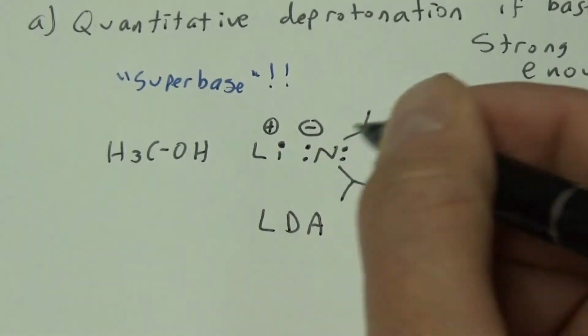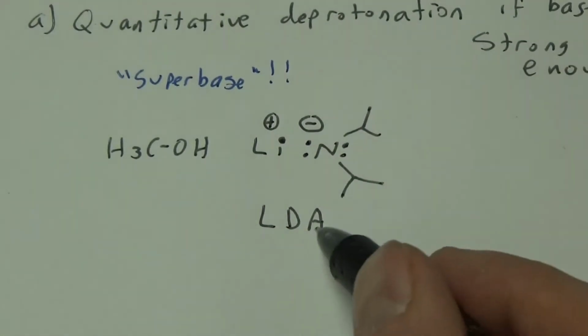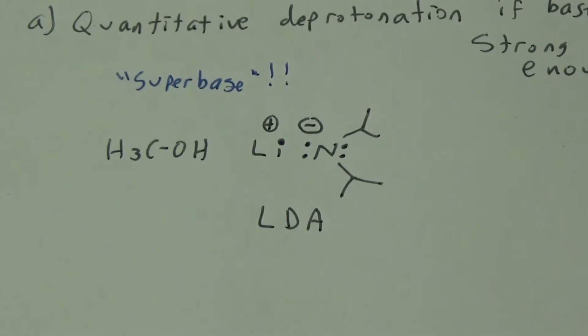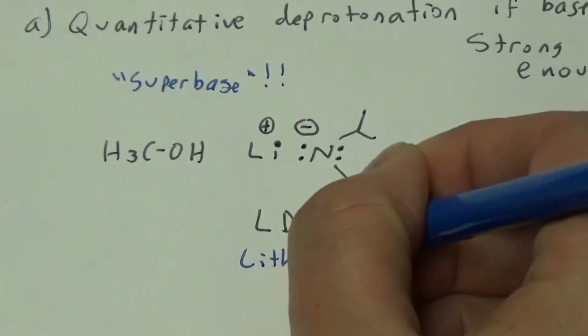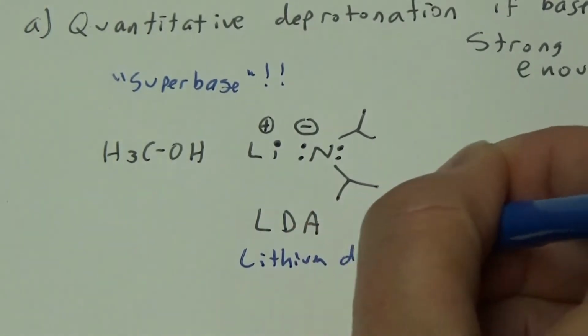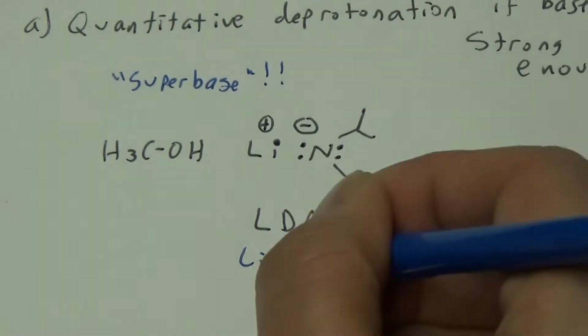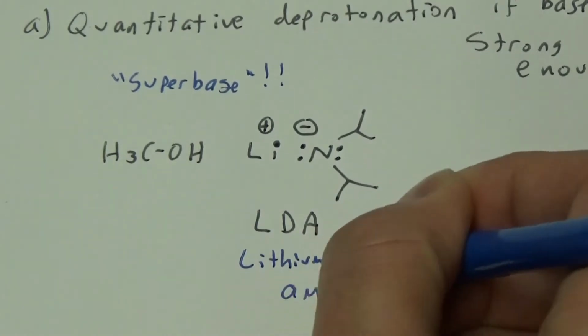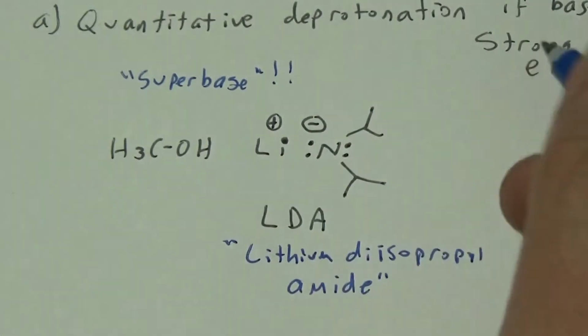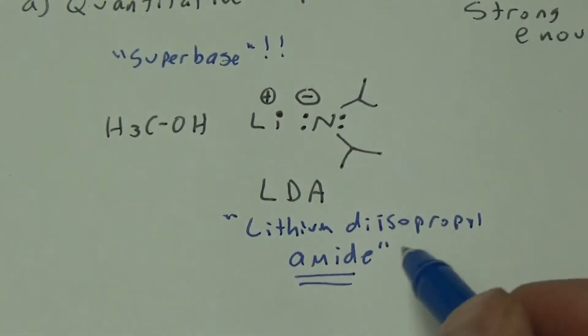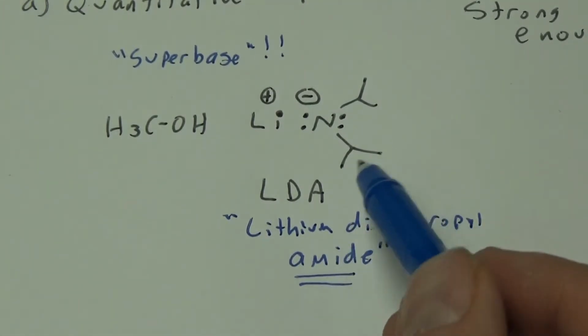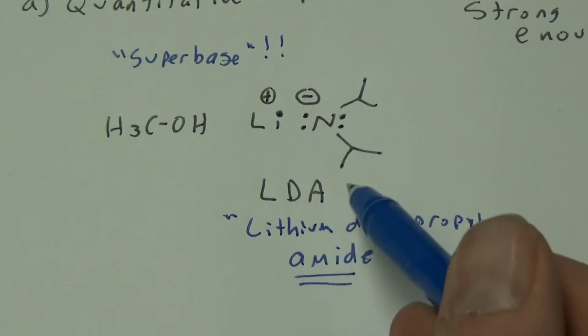It's lithium diisopropyl amide, which is kind of funny. Why is it funny? It's funny because we've talked about amide before, and we always think of amide as a C double bond O nitrogen thing, right?